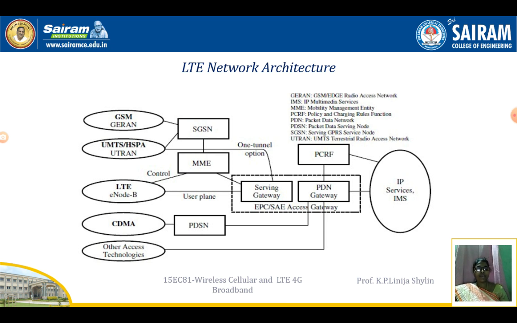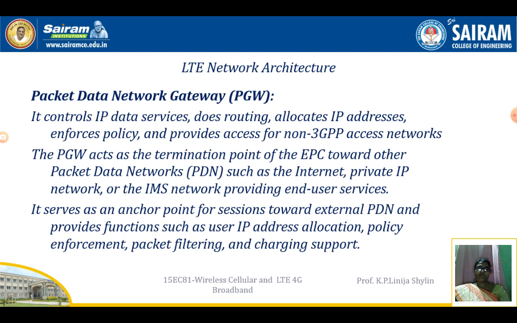The user plane connection is towards the serving gateway, and the user plane mobility will be managed by the serving gateway. Whenever terminals move across the area served by different eNode B elements, or other 3GPP systems, the serving gateway will serve as the mobility anchor.